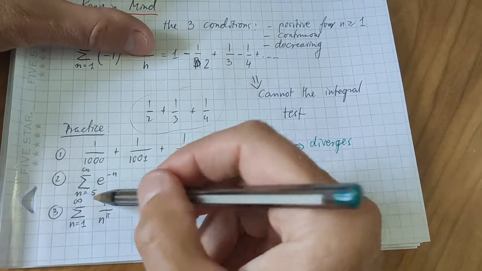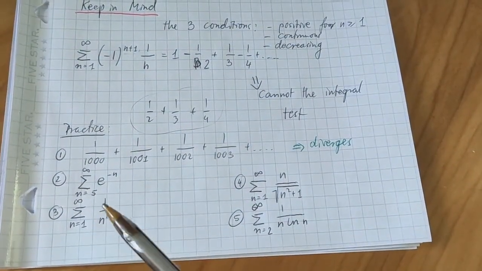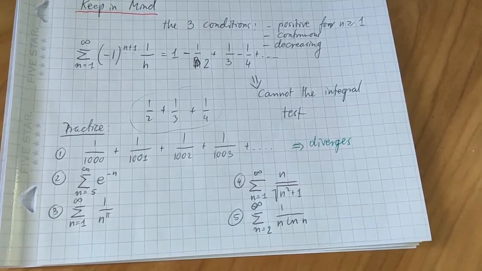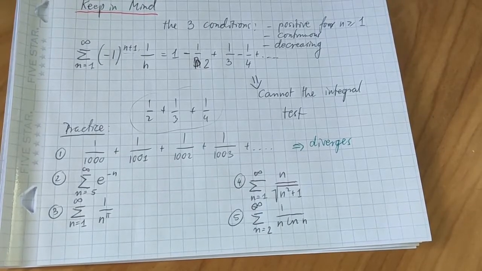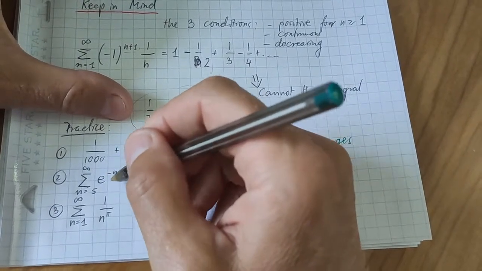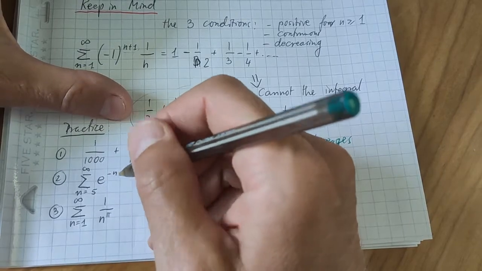Okay, how about this one? That n equal to 5 doesn't really matter, because if a series converges, it converges everywhere, and it doesn't matter which part of that series you take. So what is that? This is a geometric series, so it's 1 over 2.71 to the power of n.